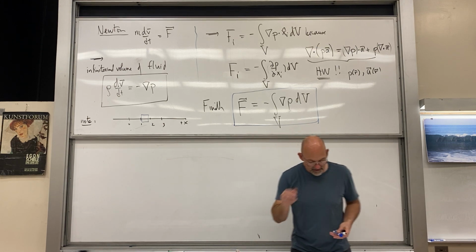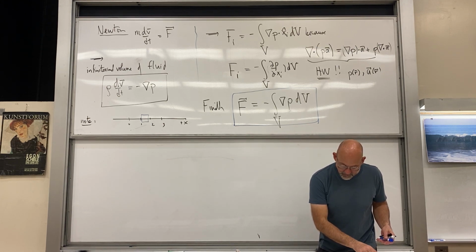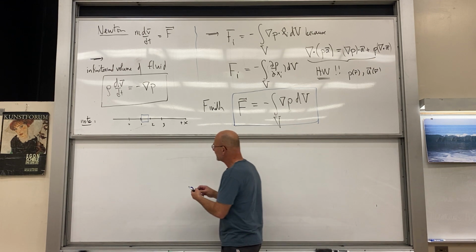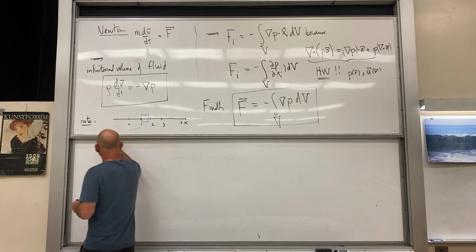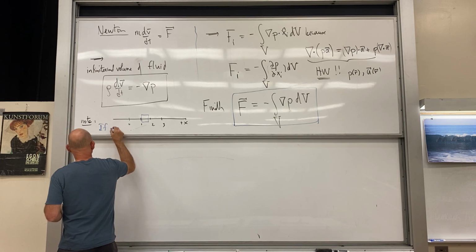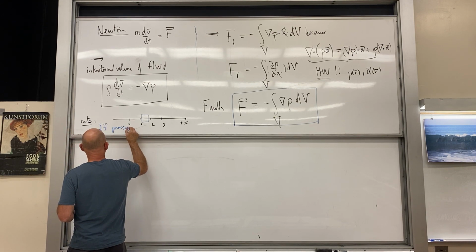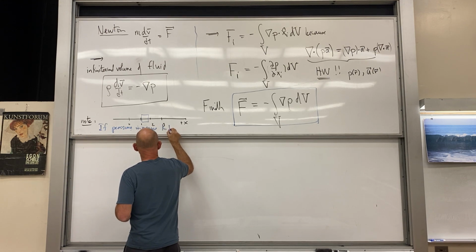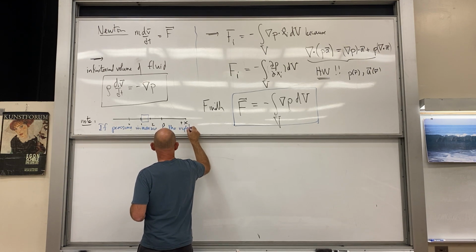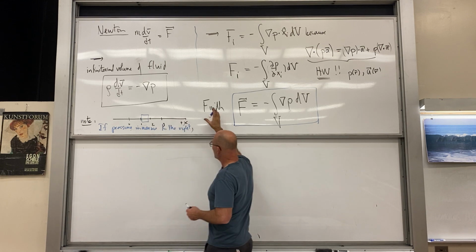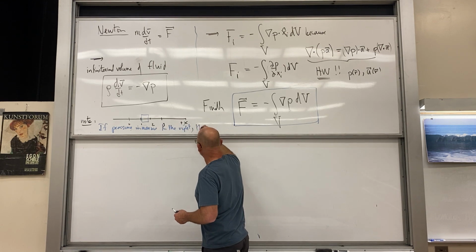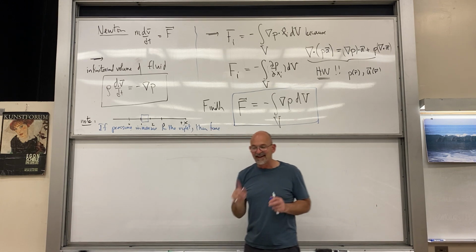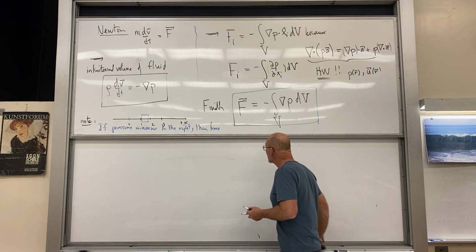So I wonder if I could say that in so many words. I'll just write, if the pressure increases to the right, the gradient increases right, then net force to the left.